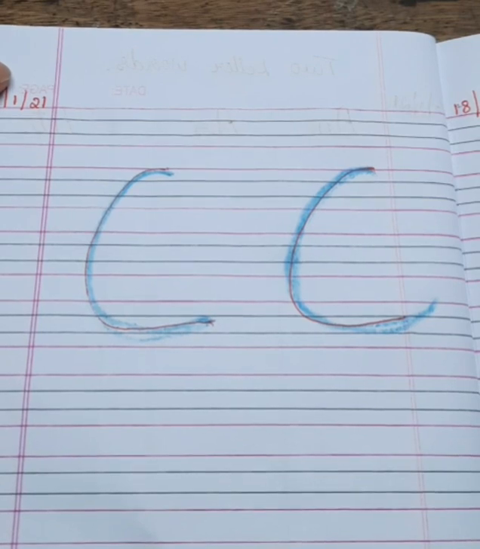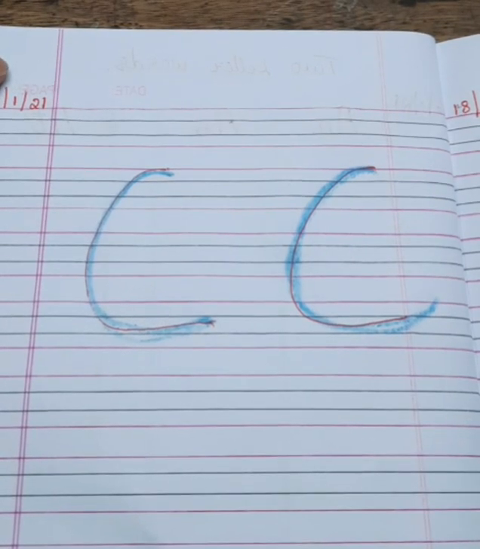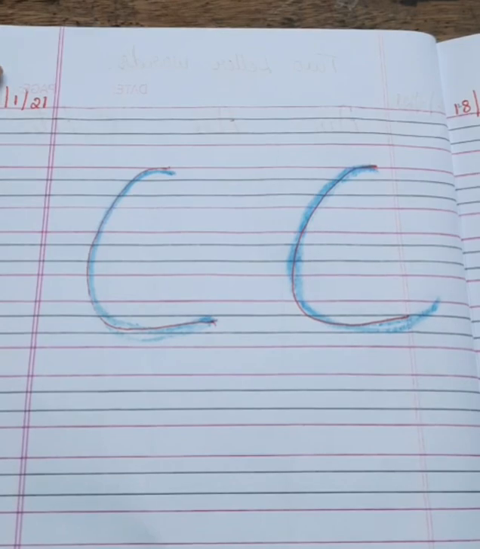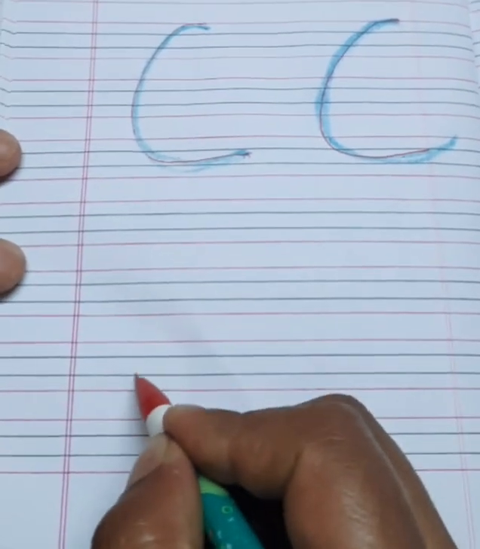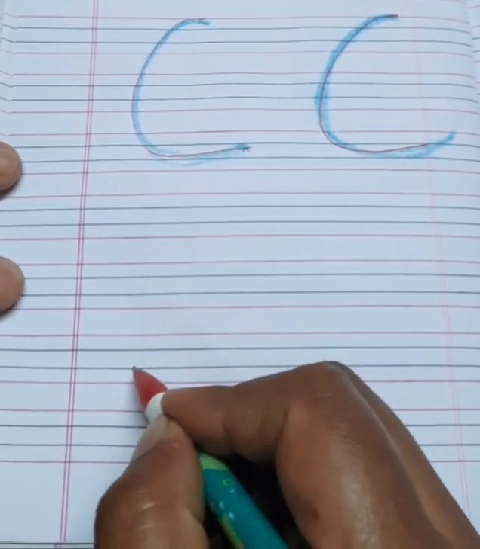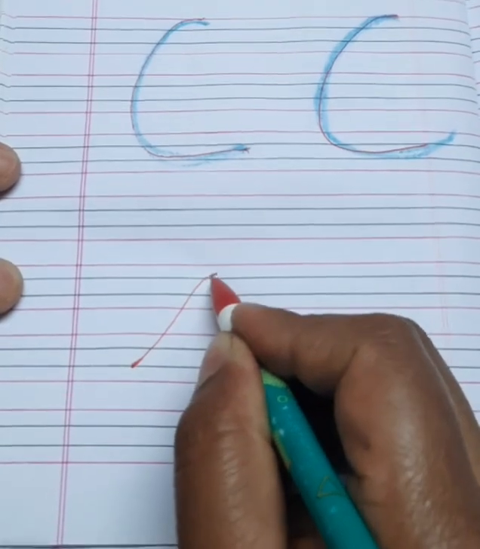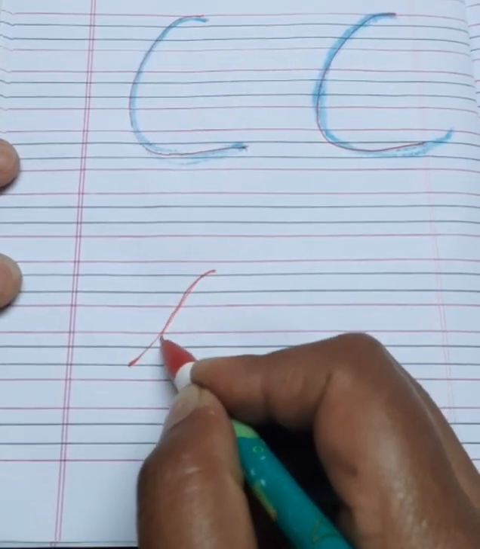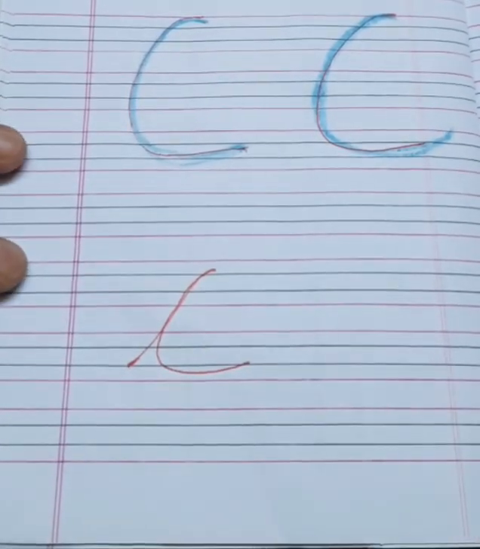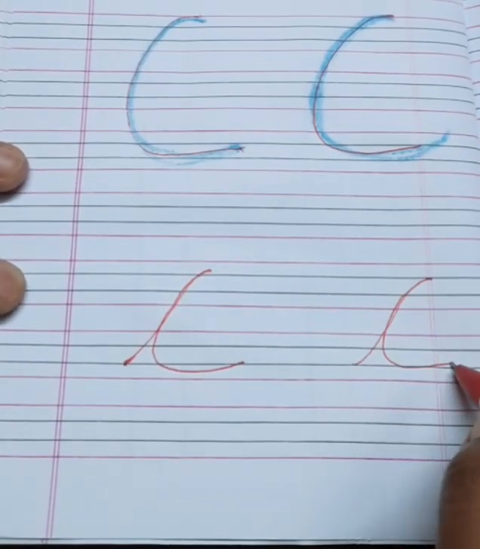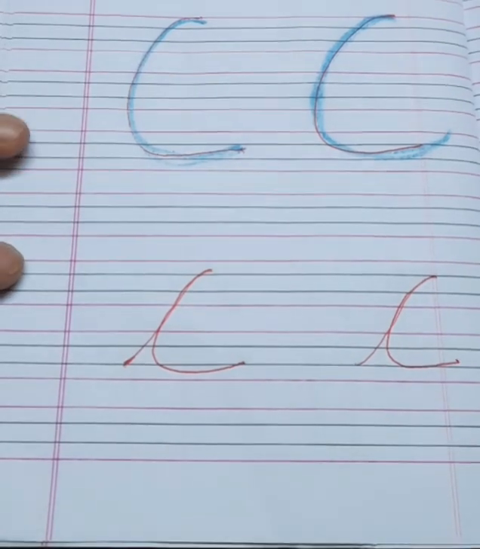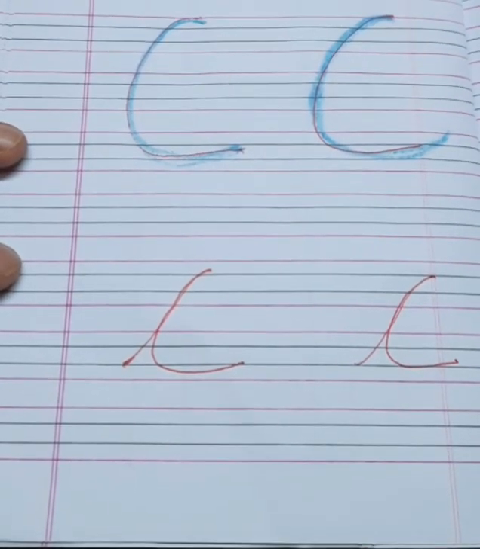Now shall we write the cursive letter? Okay. See here. From the down part, go up, come back till down, and this is a curve. Okay, here go up, come back. Okay, this is C says curve.